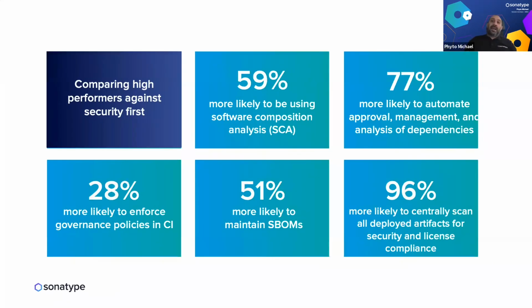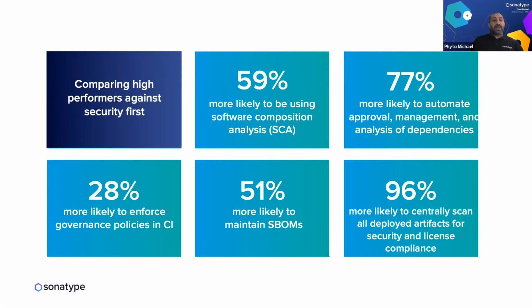And if we look at high performers against security first performers, they are 59% more likely to be using software composition analysis tools like Sonatype. They are more likely to have a process in place to automate the implementation and development of these components from an approval and management perspective, from the adoption perspective.